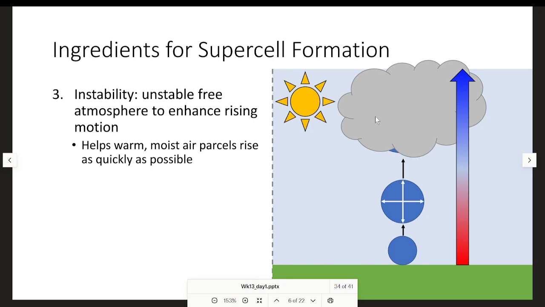Then the third ingredient you need is instability. So you need an unstable atmosphere for the rising motion to be enhanced. So this helps the warm, moist air parcels to rise as quickly as possible. So if you have a cooler environment and a warm air parcel, it's going to rise quickly.